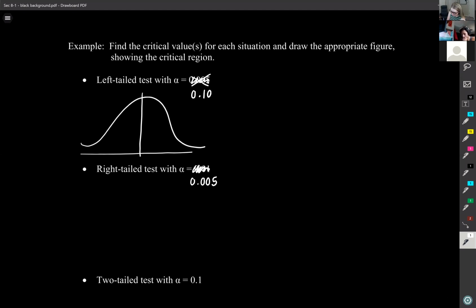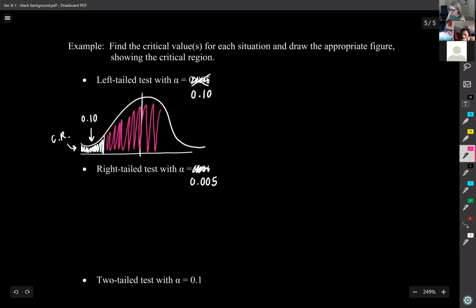So I know that on the left side, I want this area to be 0.10, and that is my critical region right there. That means the rest of this is my non-critical region. If I went to my table and looked up what this value would be for an area of 0.10, I would get negative 1.28.